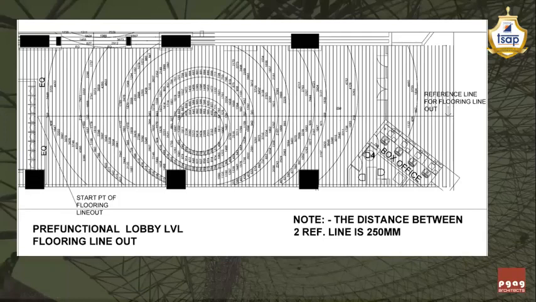So from that, he is supposed to mark the grid of 250 mm center to center, and then as per the line out dimensions, he is supposed to mark the points.